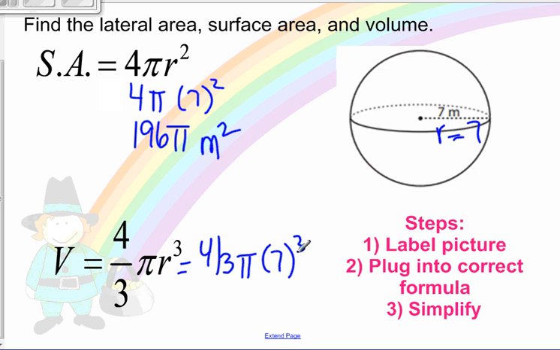And when you do so, you're going to get 457.3 pi meters cubed. Again, we are writing things in terms of pi because some questions ask for it in terms of pi, and I'd rather we know how to do that and then easily be able to convert to decimals if necessary.